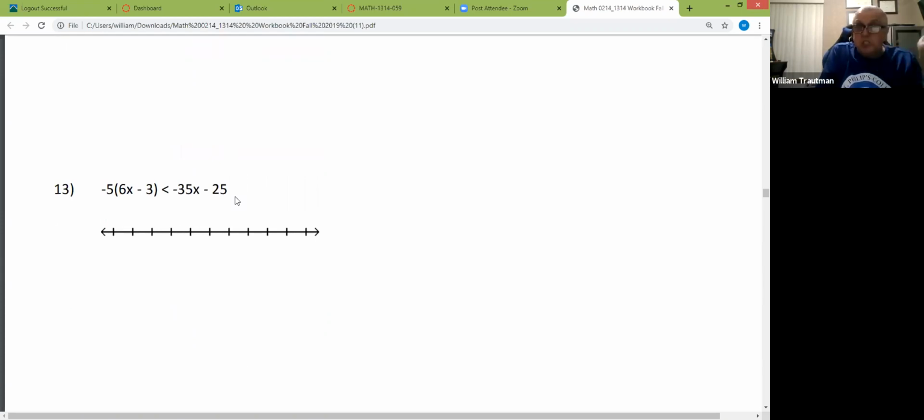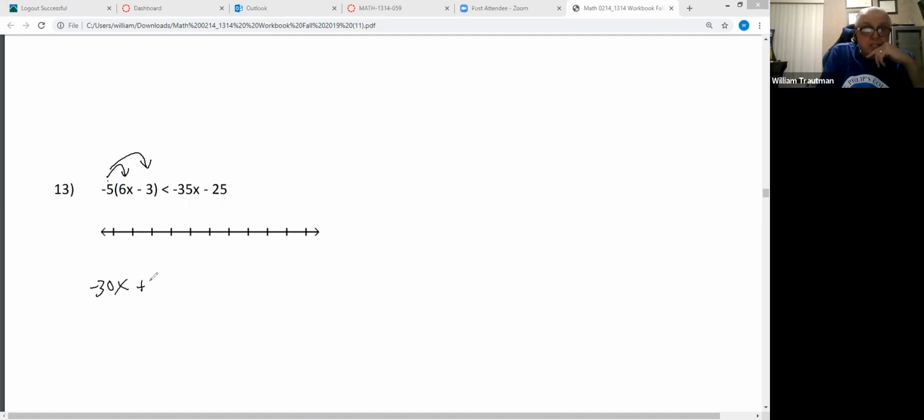Step 1, when we solve for x, we distribute. Negative 5 times 6, I'm going to put it down here, is negative 30x. Negative 5 times a negative 3, negative times a negative is a positive 15. So I'm going to try to keep my x's positive. If I bring this negative 35x to the other side, it'll be positive.